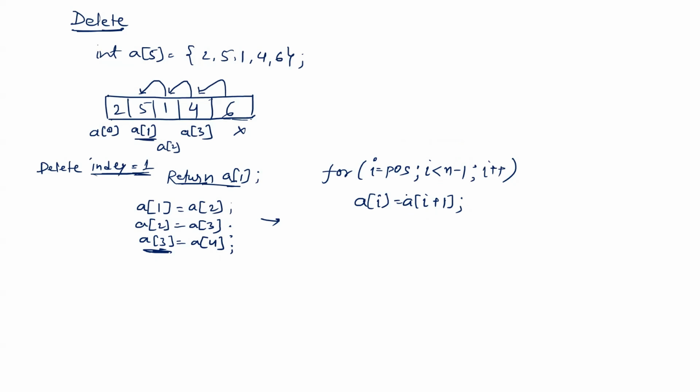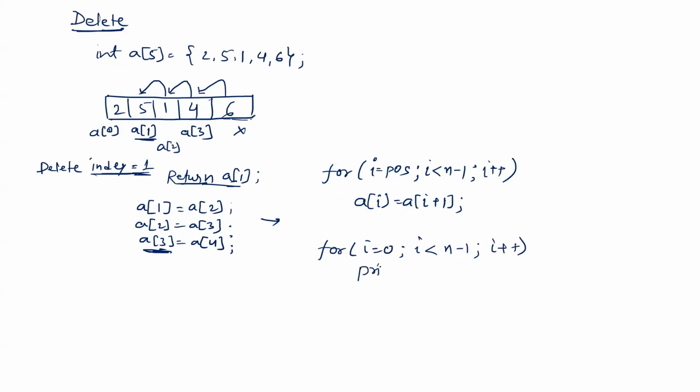So in this way, we will shift all the elements from the position index to the last position index. So this is the main thing inside the loop. Now finally what you will do? Finally, always you will try to print the values, means printing the array. If you want to print the array, it should come I less than n minus 1 because this should be 3.